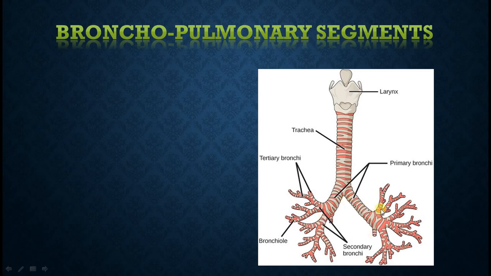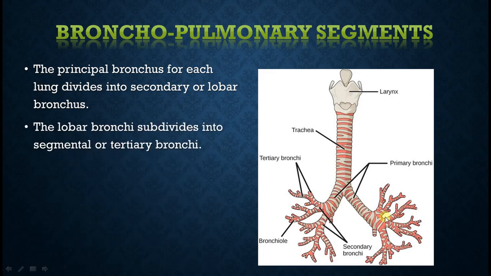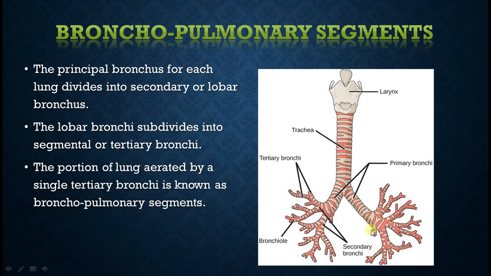The secondary bronchus gives rise to the tertiary bronchus, which is called the segmental bronchus. Now, the area or portion of lung which is aerated by a single tertiary bronchus is called the bronchopulmonary segment.